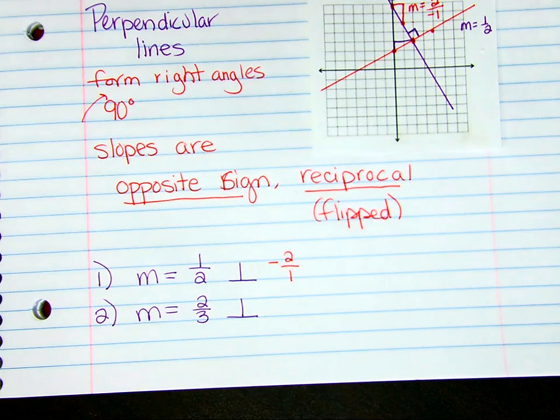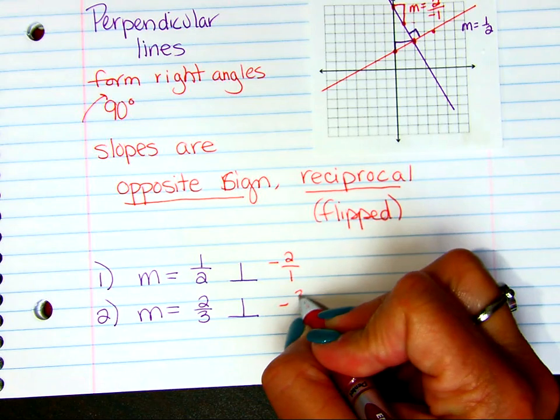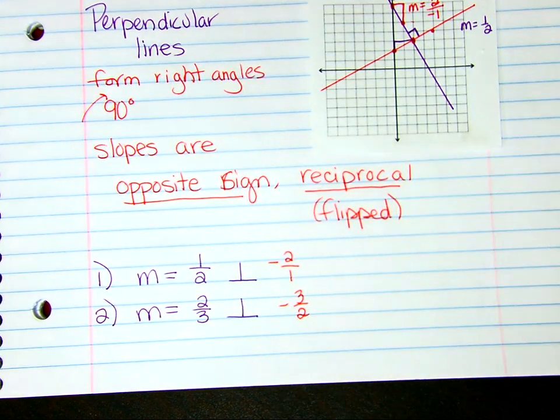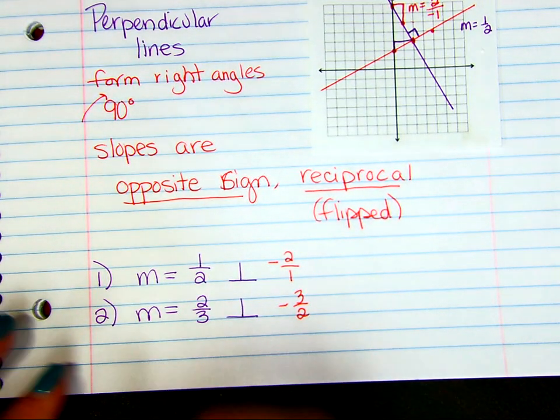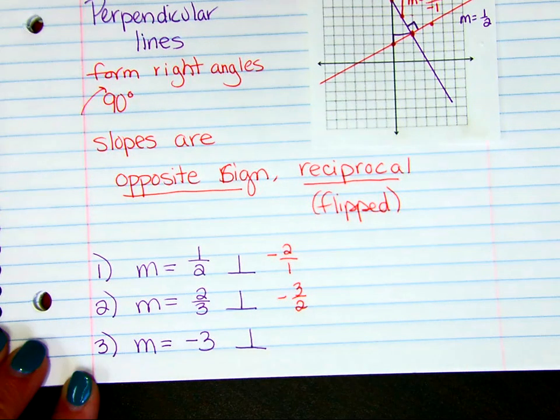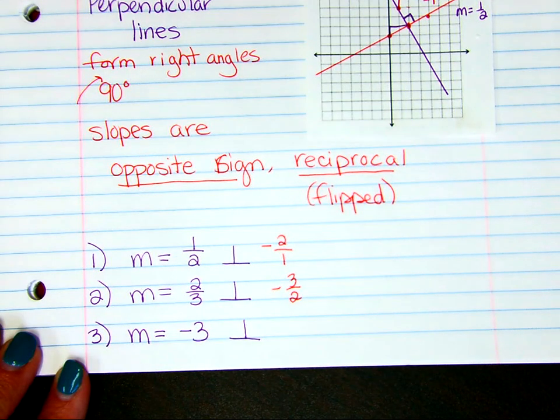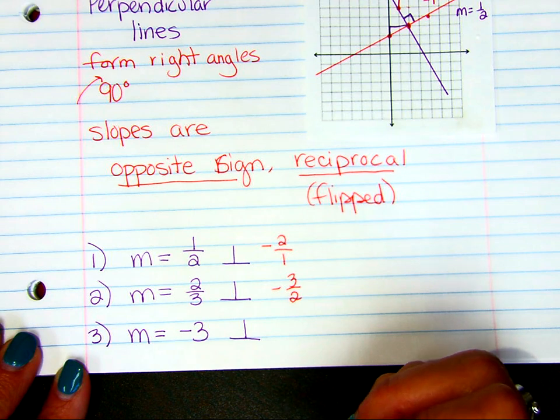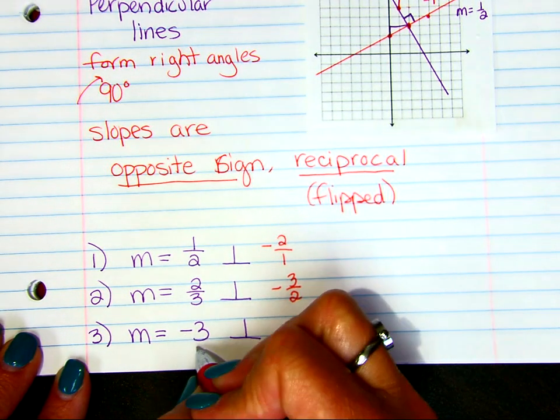A line with a slope of 2/3, what would the perpendicular slope be? -3 over 2. Let's try one more. A slope of -3, perpendicular slope would be what?